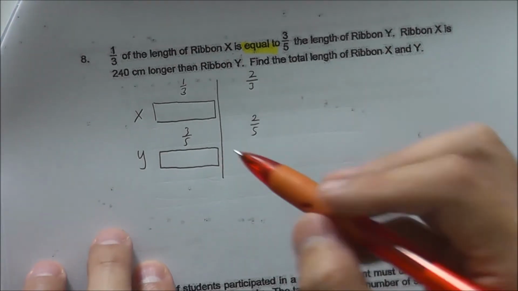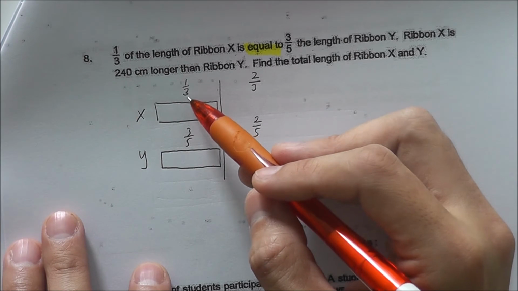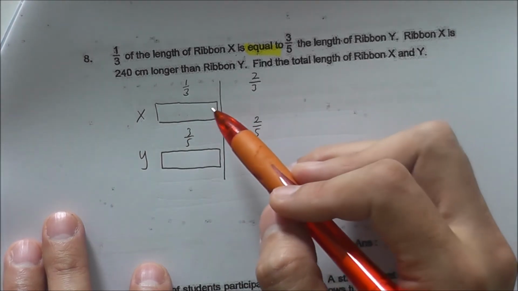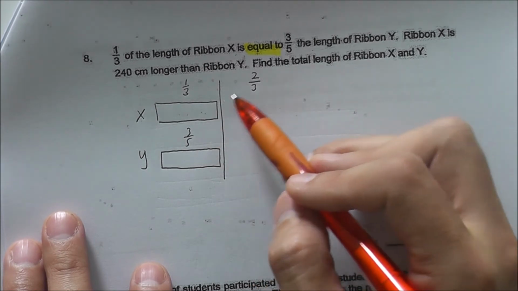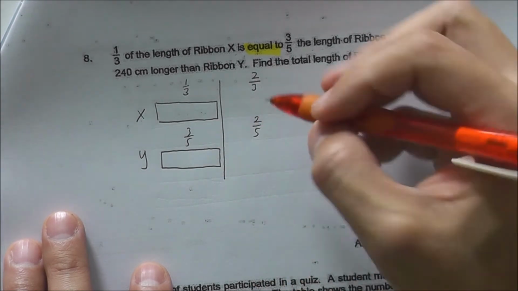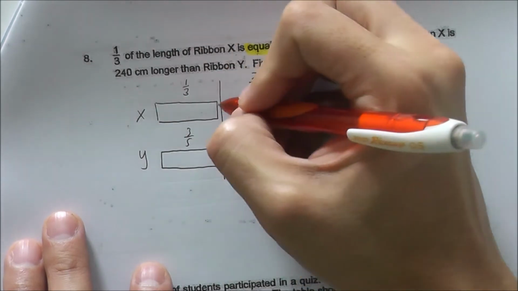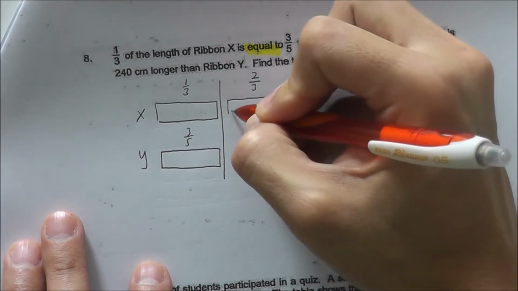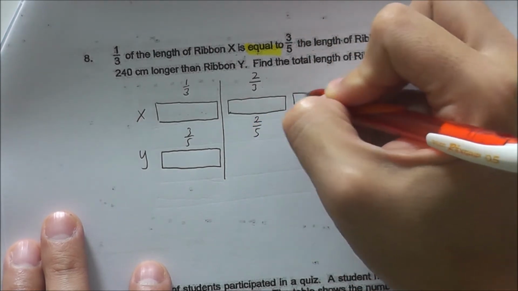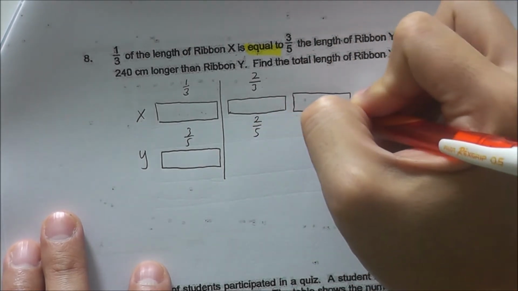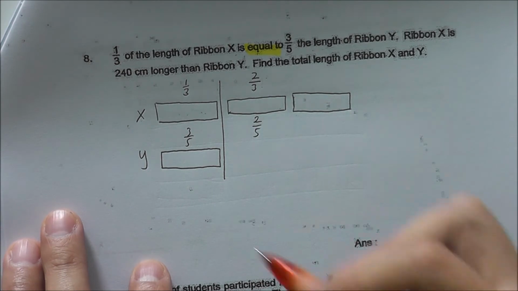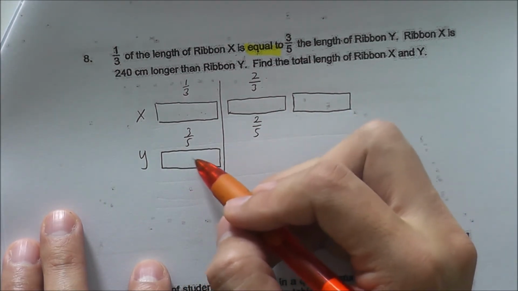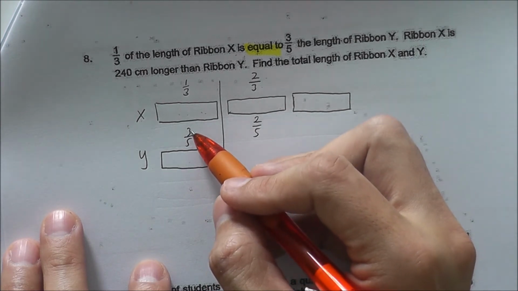Now let's draw. 1/3 tells you that altogether X has 3 units, and 1 unit is here. And true enough, you see there's a 2/3 here. So we need to draw this size, the size of this unit: 1 and another 1, 2. Clear? If you look at this Y model, this amount represents 3 out of 5.